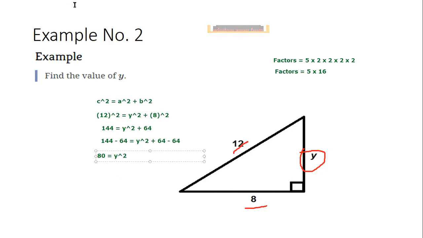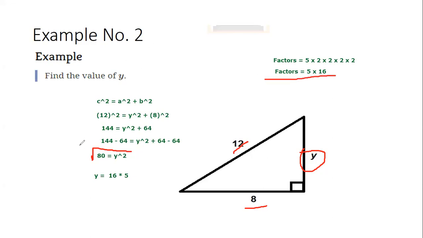So we get the square root of both sides of the equation. So y is equal to the square root of 80, which is 16 multiplied by 5, based on the factors we got using our factorization.